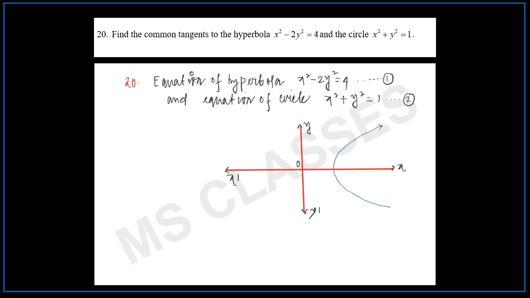Now this is the hyperbola, whose vertices are at the points (2, 0) and (-2, 0). Now the circle is x square plus y square equal to 1, so you can take a circle here.